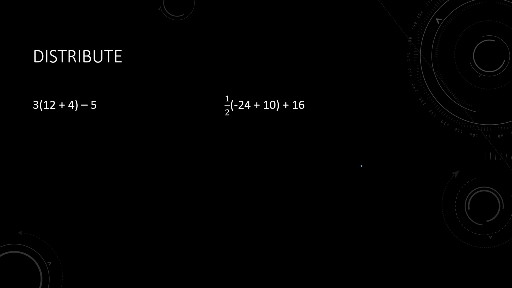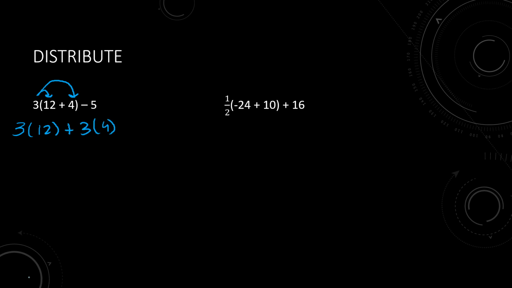I want to do a little bit more distribution with 2 slightly more challenging questions because I see this mistake all the time. The first mistake that I see with distribution is that a student will do 3 times 12 and then they won't distribute it to anything else. Remember that you're distributing to everything that's inside of your parentheses. So this 4 is also inside of my parentheses, so I need to do my 3 times 4.